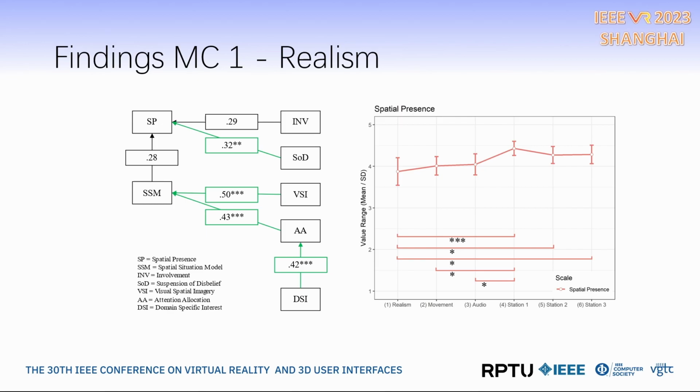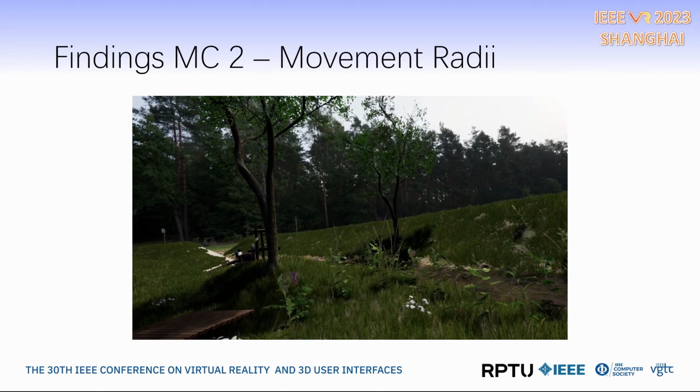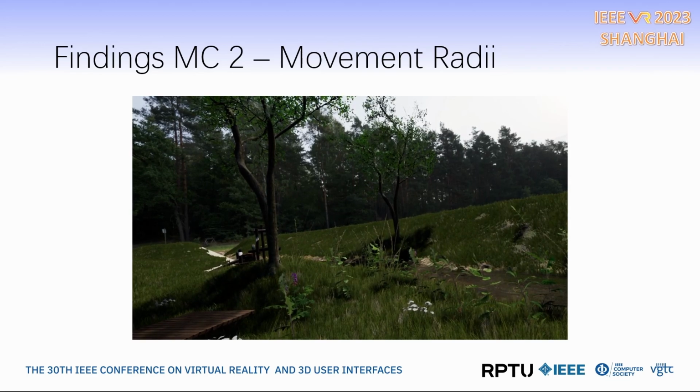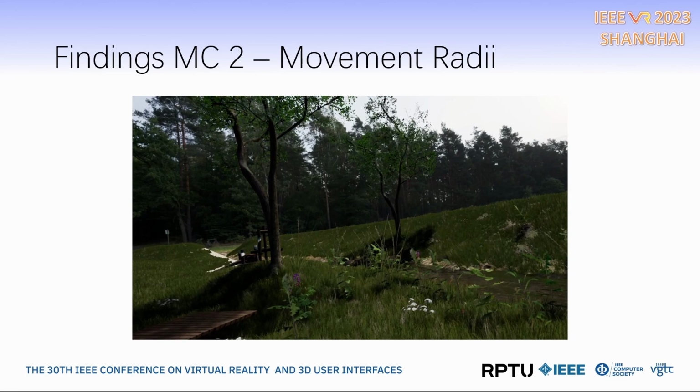The visual spatial imagery and attention exert influence on the spatial situation model. The value of the spatial presence experience is already quite high, but still expandable. The environment was redesigned based on qualitative feedback and to further enhance the presence experience.